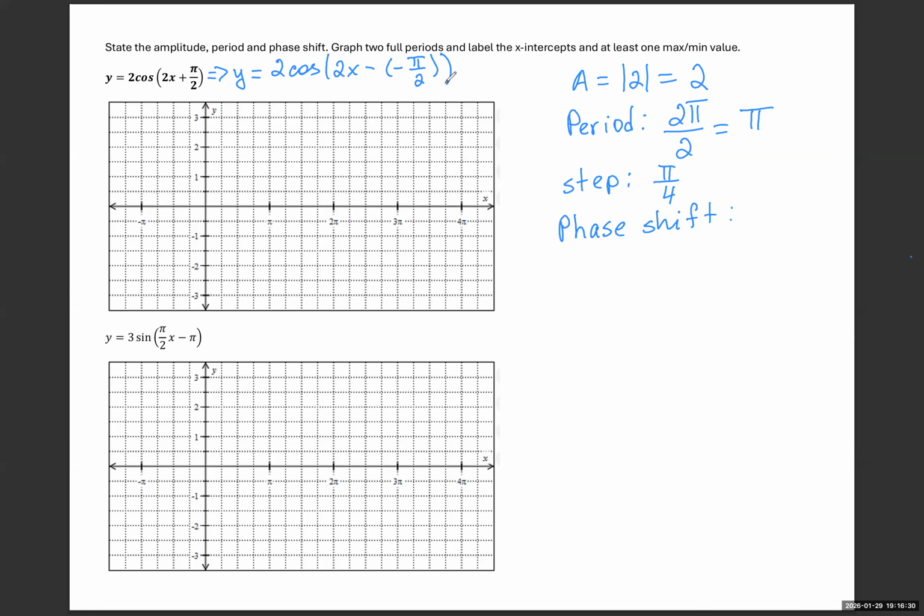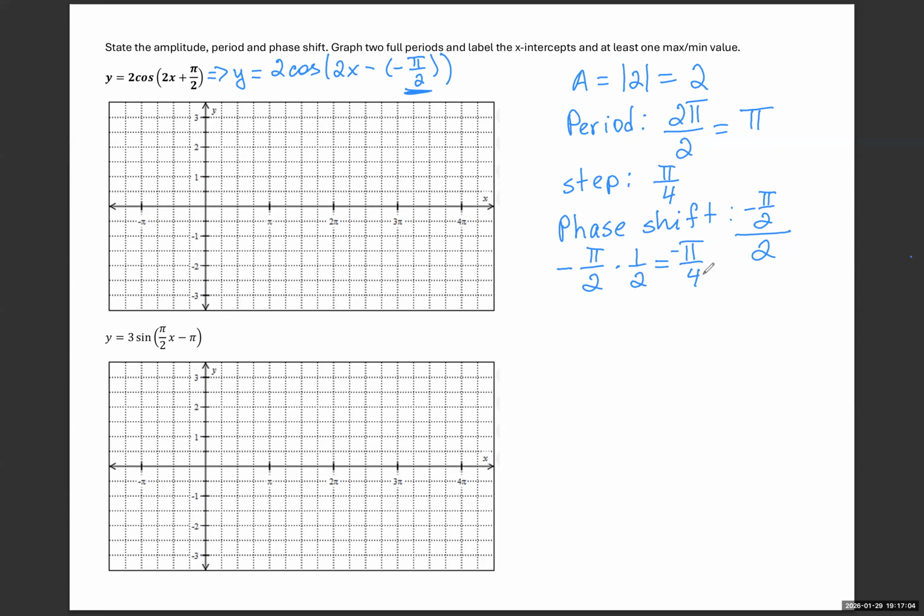So this just shows you that the actual shift will go to the left because this value is negative. The value of the shift is negative pi over 2 divided by the number in front of x, so 2. So this is negative pi over 2 times 1/2, which is negative pi over 4, which actually matches our step size, which is a good thing.